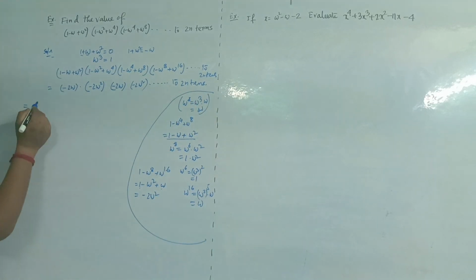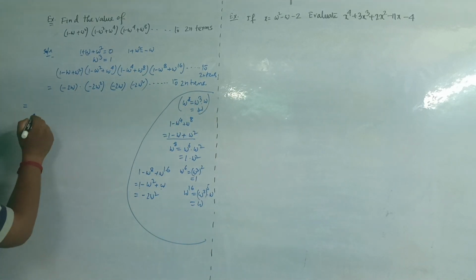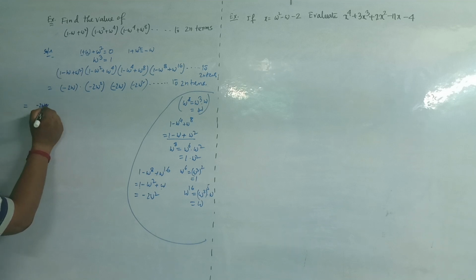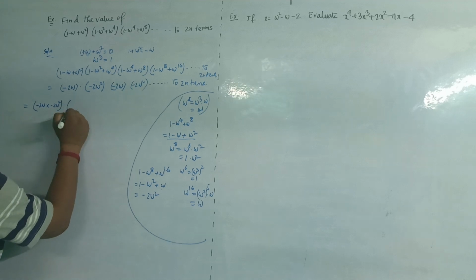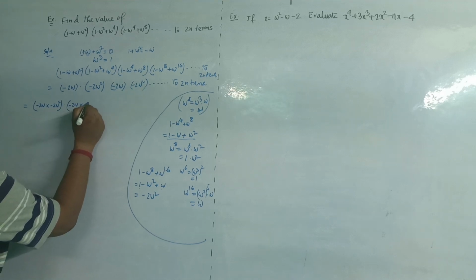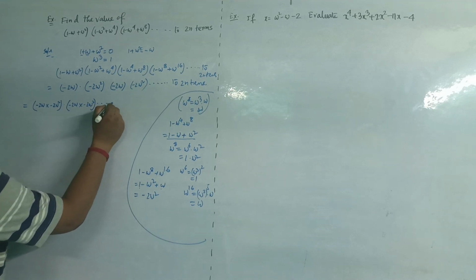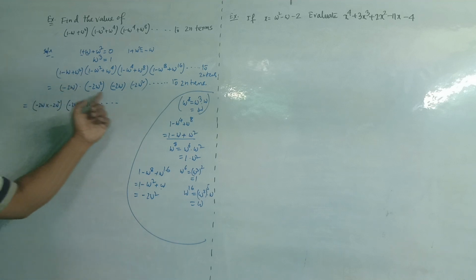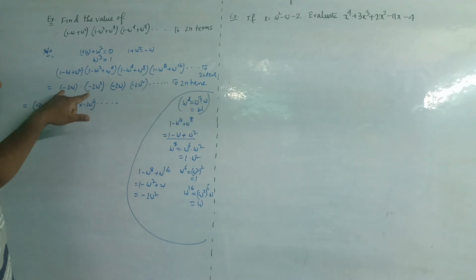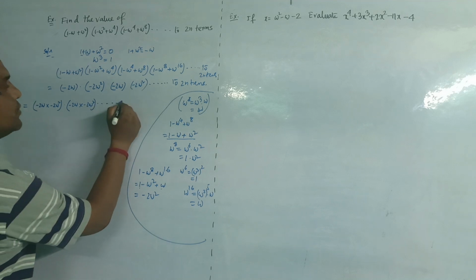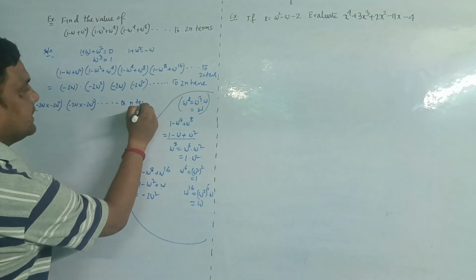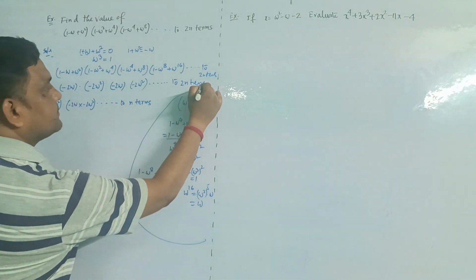So this is equal to minus 2 omega into minus 2 omega square. If I consider this a single term, minus 2 omega into minus 2 omega square, that will be repeated since the whole term is 2n terms. Now if I consider the pair terms, then it goes to n terms.